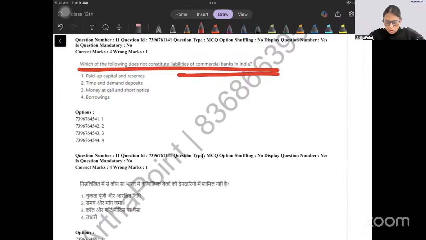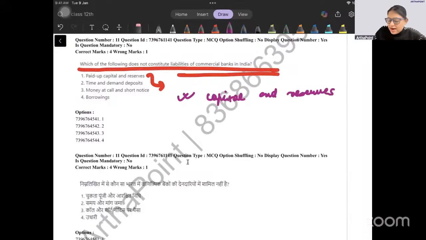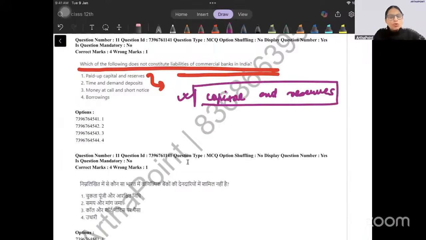So when we talk about the liabilities of the commercial bank, please try to understand that paid up capital and reserves. Capital always comes. I hope especially the commerce students who had class 12th में accounts would know कि capital is always on the left hand side, right?